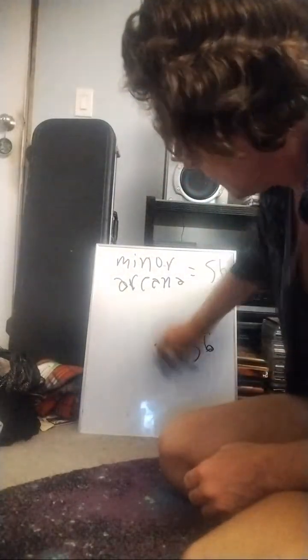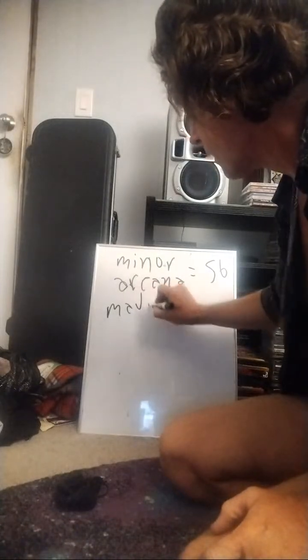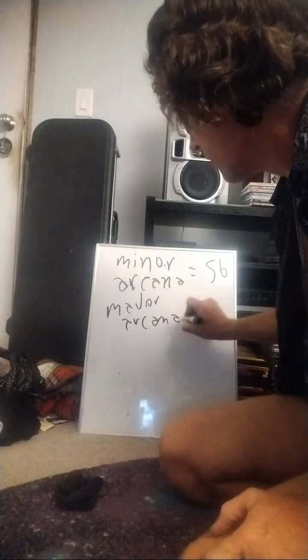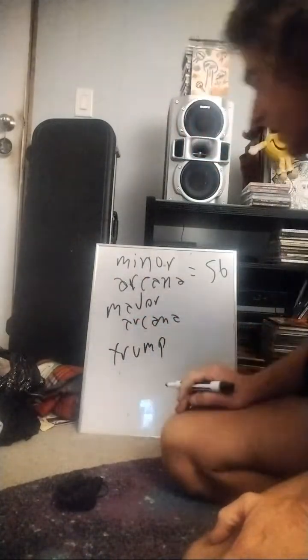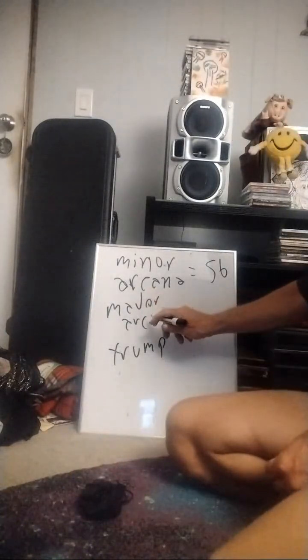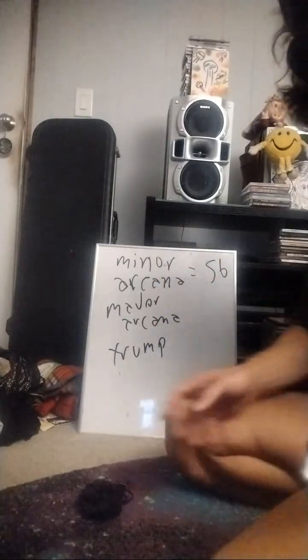Now there's something called the major arcana. These are the Trump cards, no relation to Donald Trump. If you take the number of major arcana and add the minor arcana, you'll get the total number of cards in a tarot deck.